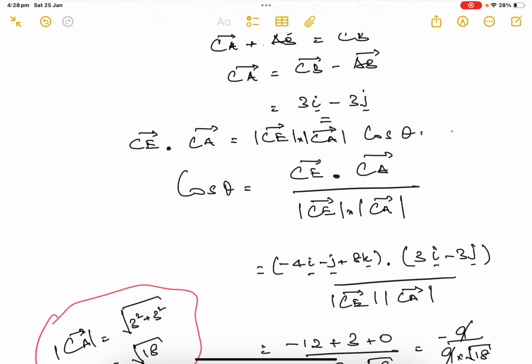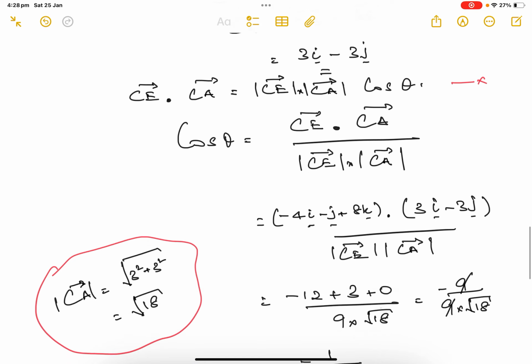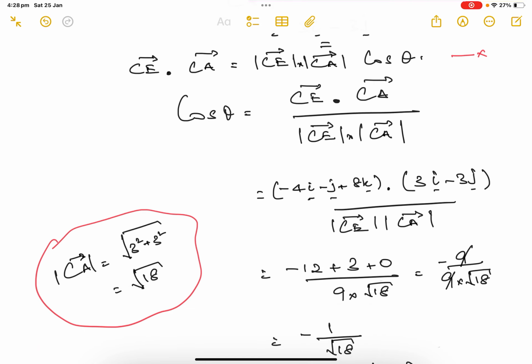So from this equation we can find cos theta. Cos theta is CE dot CA divided by the modulus of CE times the modulus of CA. The vector CE we have found from the first part, that was minus 4I minus J plus 4K, dotted with CA, which we just found, 3I minus 3J.